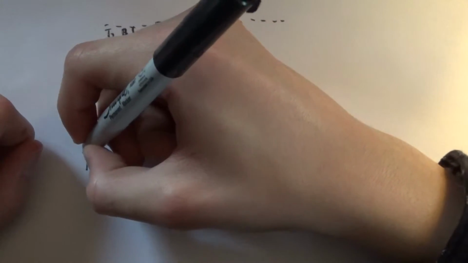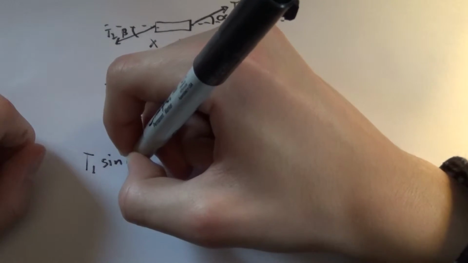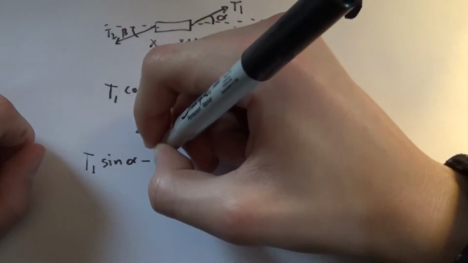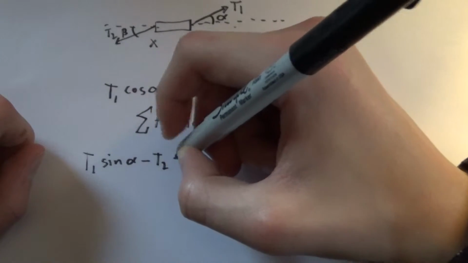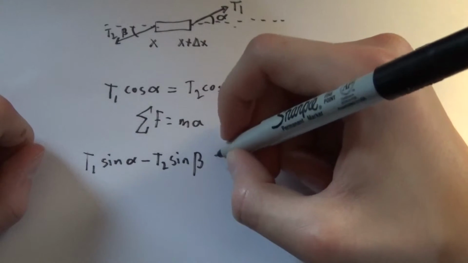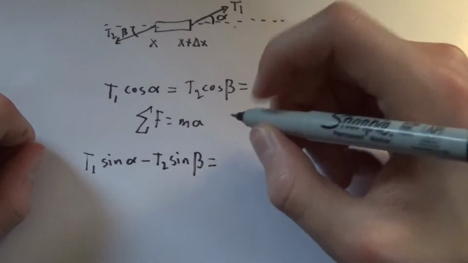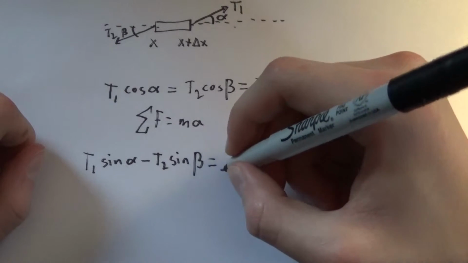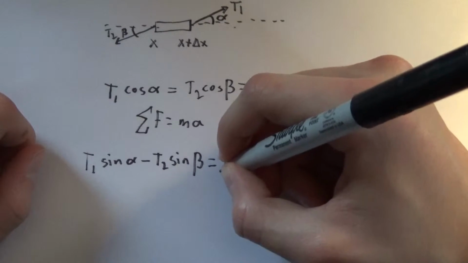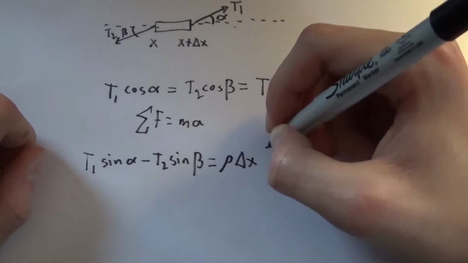So anyway, T1 sine alpha minus T2 sine beta must equal m times a, but we're going to write this a certain way. M we can also write as the linear density, which we'll call rho, multiplied by delta x. That's m.